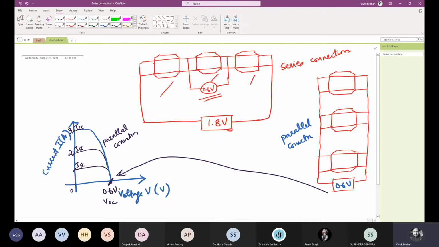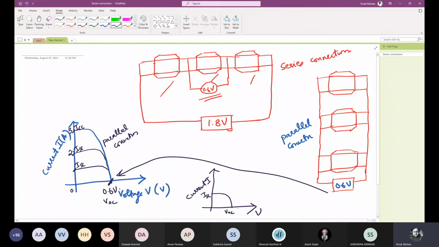Now when you connect in series, how will the current-voltage curve look? Again current I, and this is voltage. This is one IV curve for one cell. This is ISC. This is VOC.